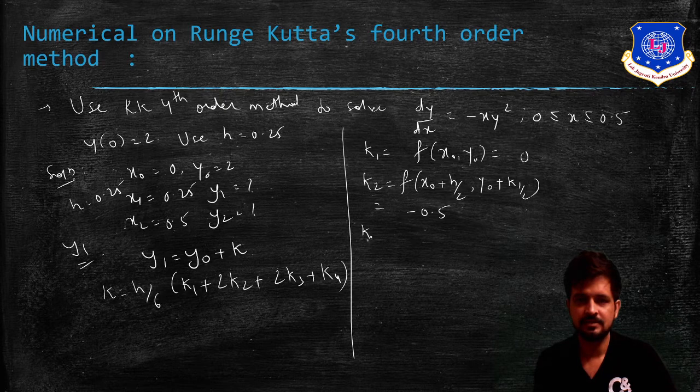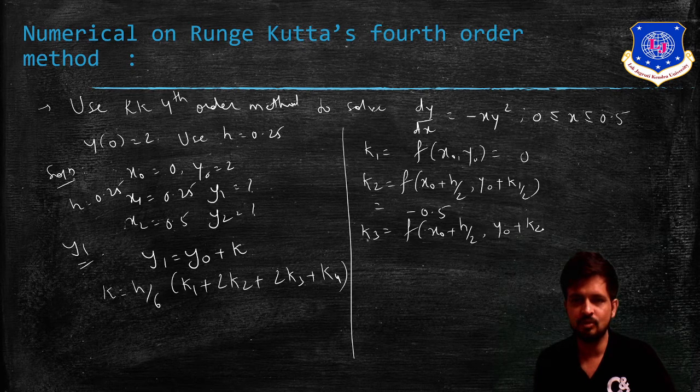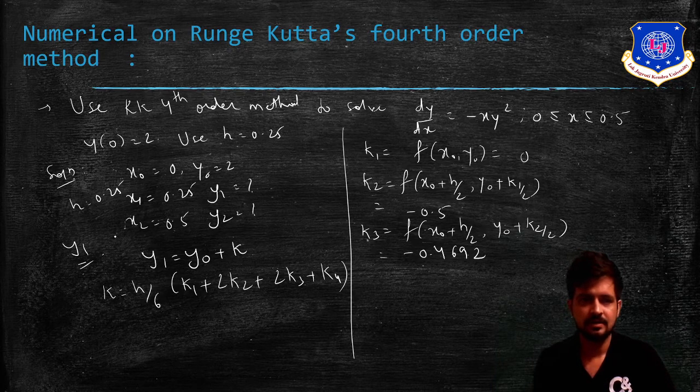minus 0.5. k3 is f of x0 plus h by 2 and y0 plus k2 by 2. Solve it, you will get the answer minus 0.4692. Then what we have to do?